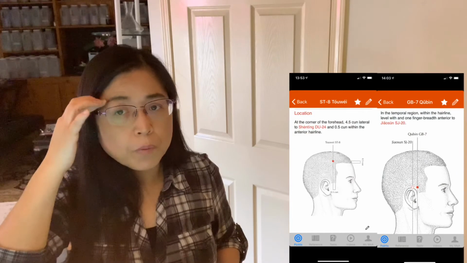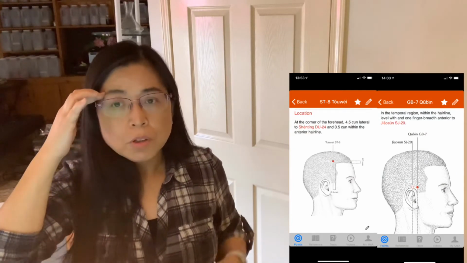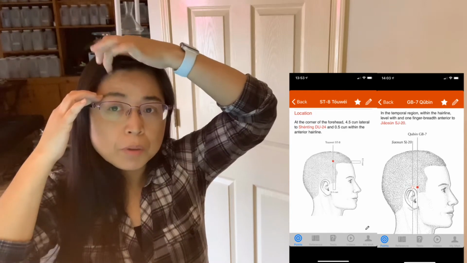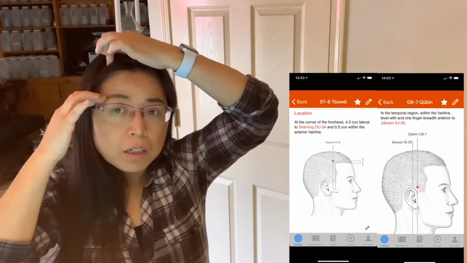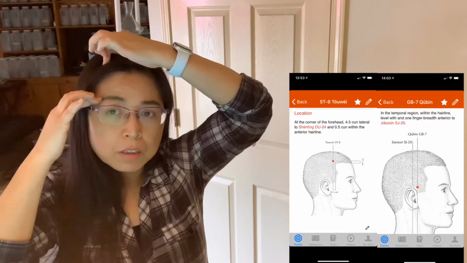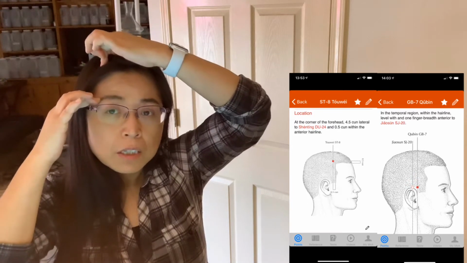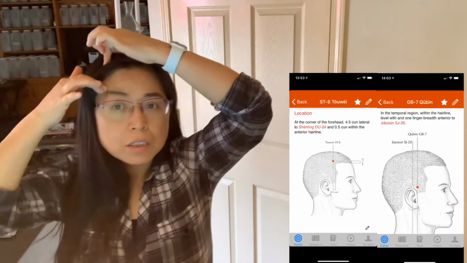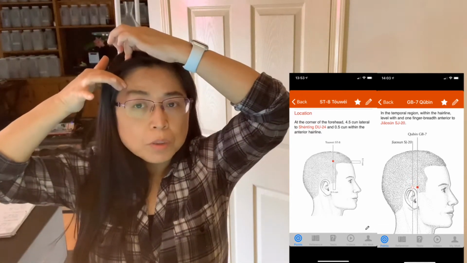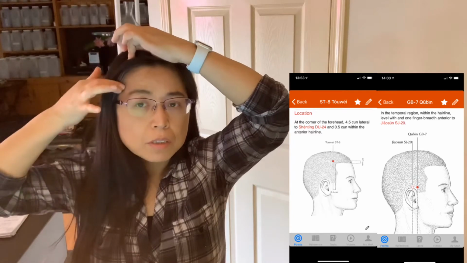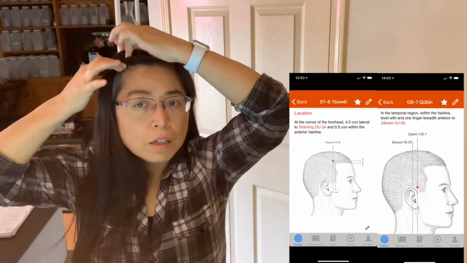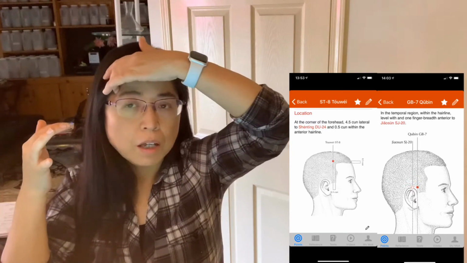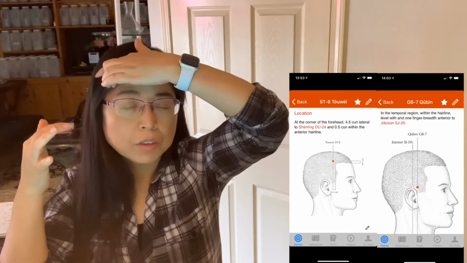The first string starts from the lateral end of the eyebrow all the way to the corner of the hairline, 1 centimeter within the hairline. Make a line between these, check along the line or string, then press along this line until it's tender free.